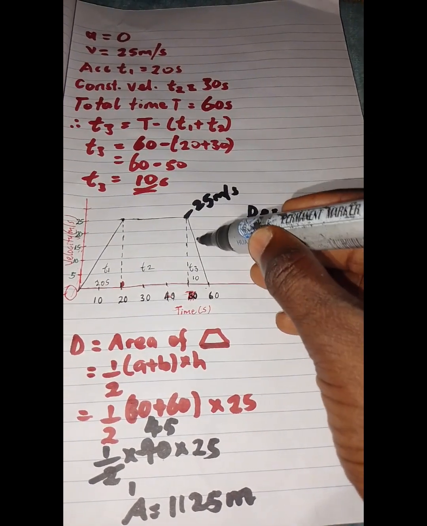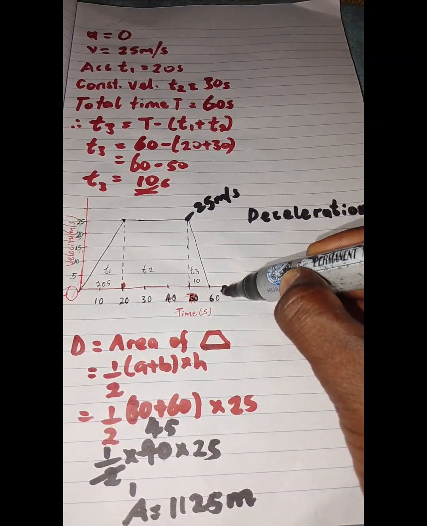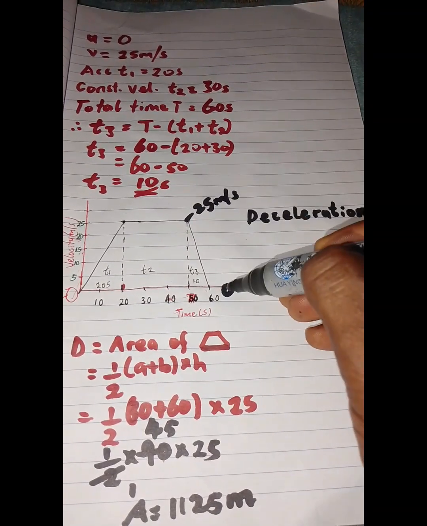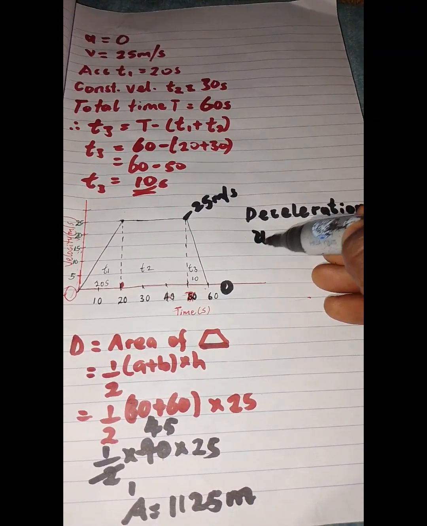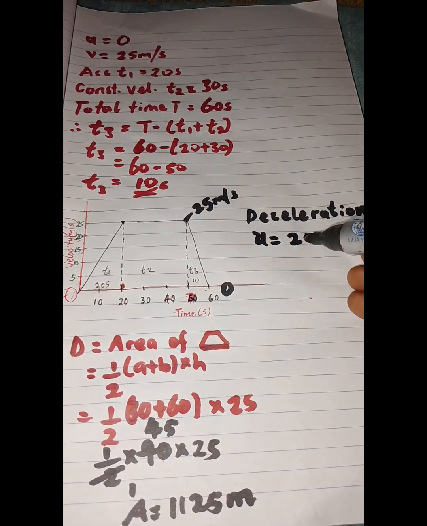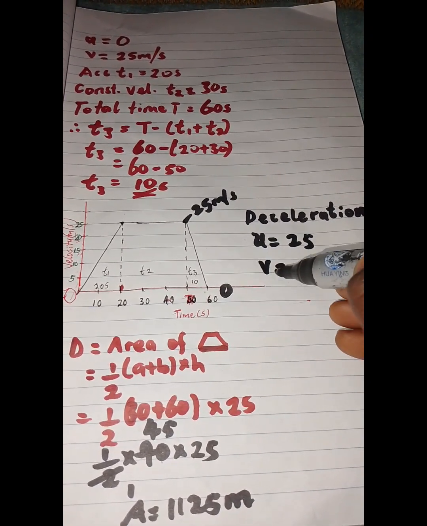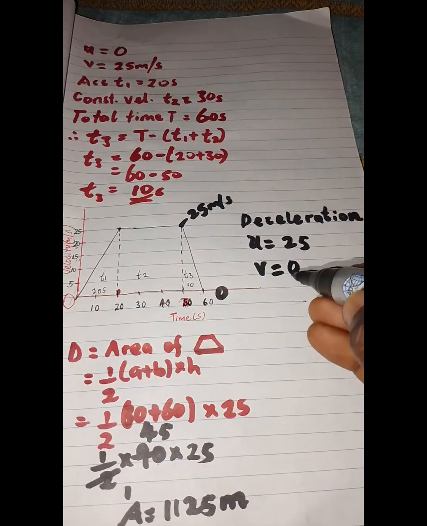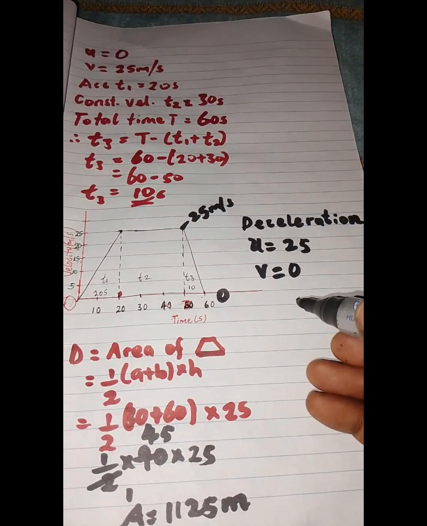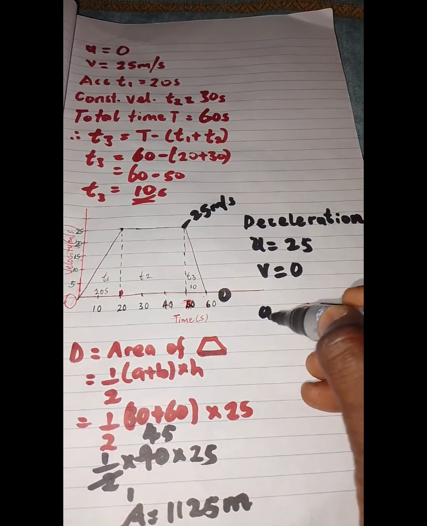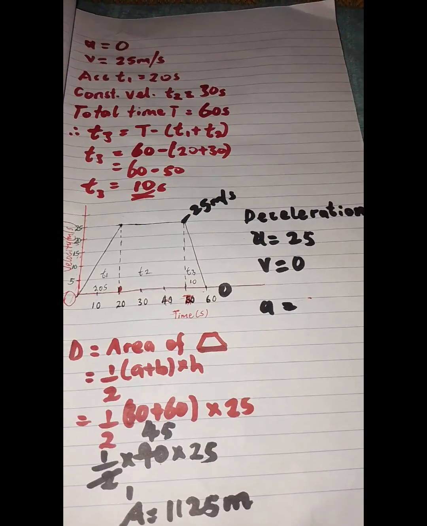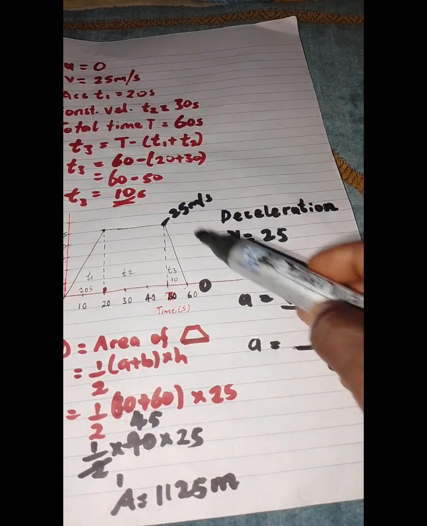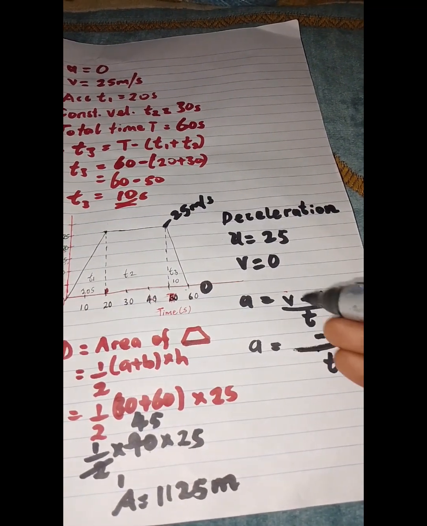So for the deceleration part, the initial velocity u is 25, and the final velocity v is 0. Since acceleration is change in velocity over time, the final velocity v is 0 and the initial velocity is 25.